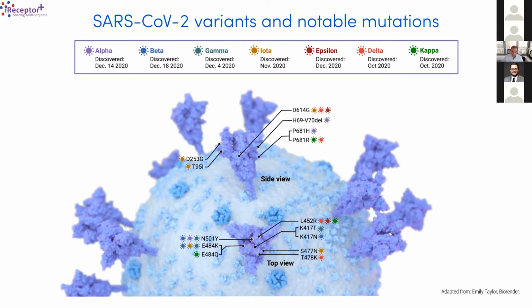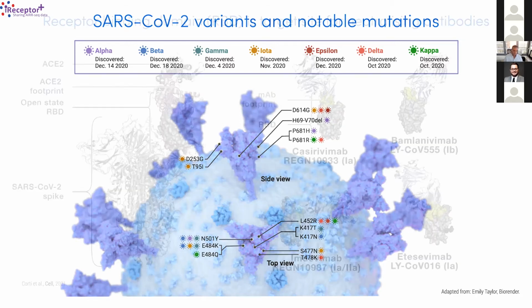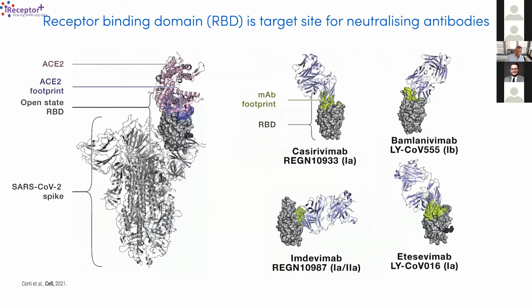When you look closely at the spike protein, pictured here in gray, this darker gray indicates the receptor binding domain. As its name indicates, the RBD directly interfaces with the ACE2 receptor, which is of course the host receptor that SARS-CoV-2 utilizes to enter into host cells.